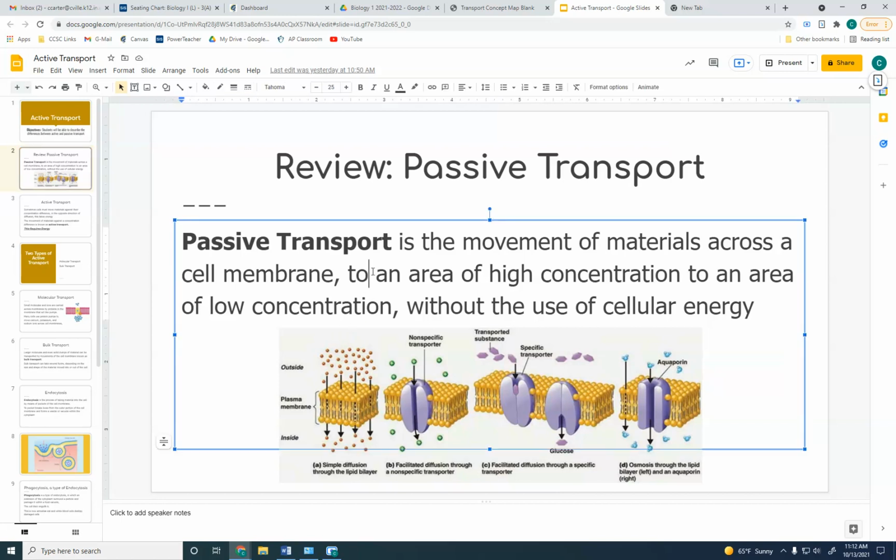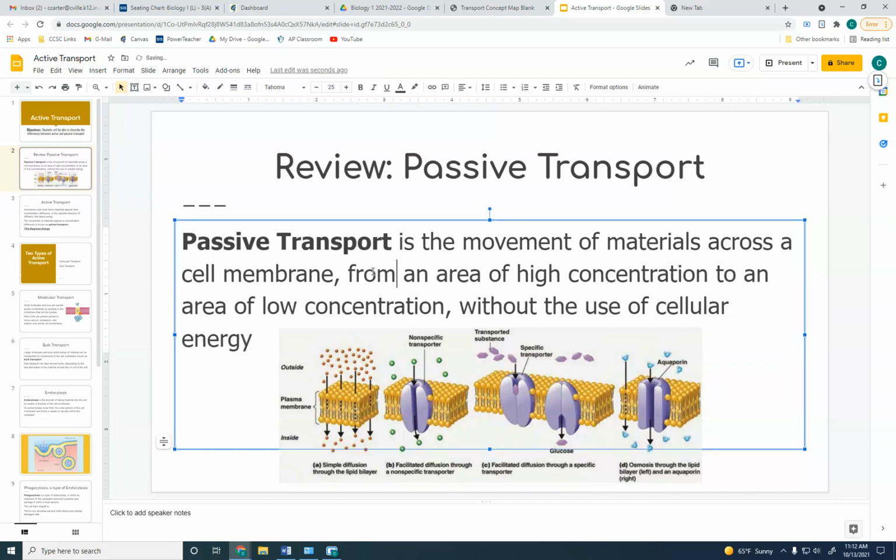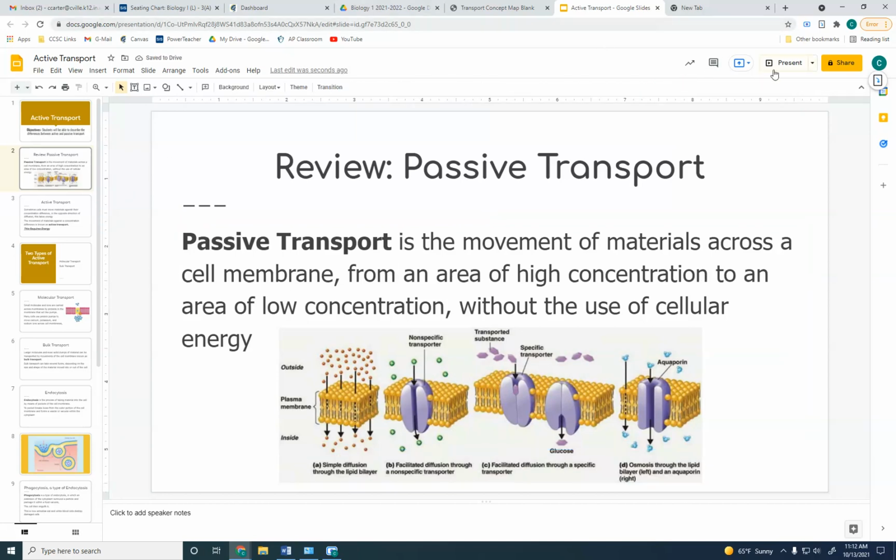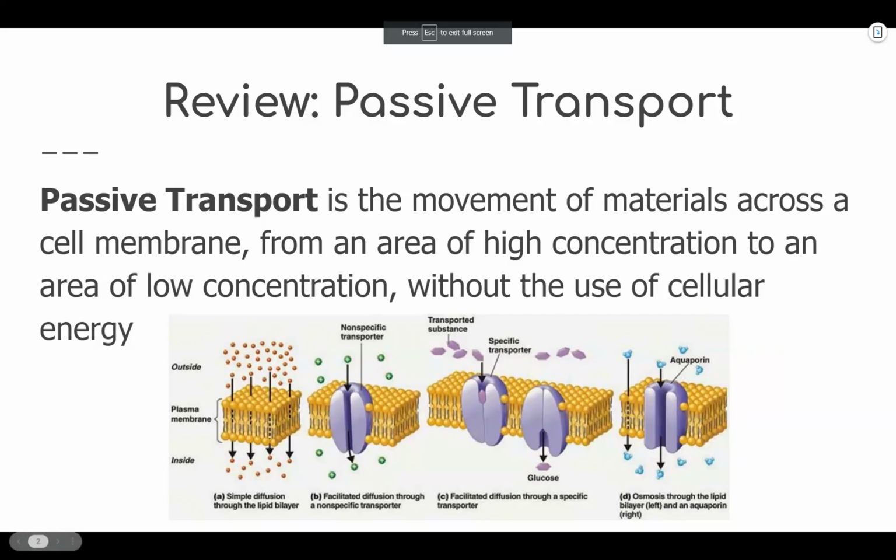That's an important distinction. From an area of high concentration to an area of low concentration without using energy. This is important. We got to know where our ions are moving. And they are always going to move from an area of high concentration to an area of low concentration.